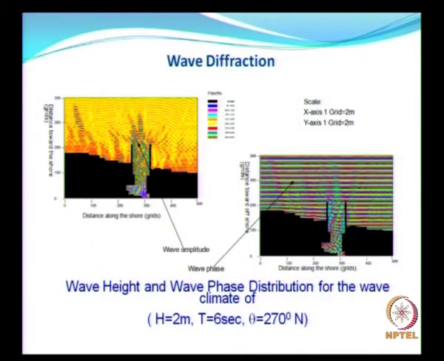This is what we have done in our laboratory, in our department, wherein on the left side you see the wave height contours, and on the right side you see the waves penetrating directly, as the waves are approaching more or less normal to the shoreline. So this picture would give us the extent of tranquility and what wave energy or wave height you would have, and whether it will be within the permissible limit when a vessel is moving.